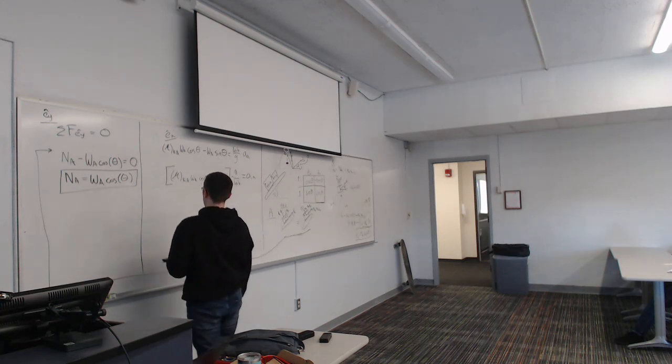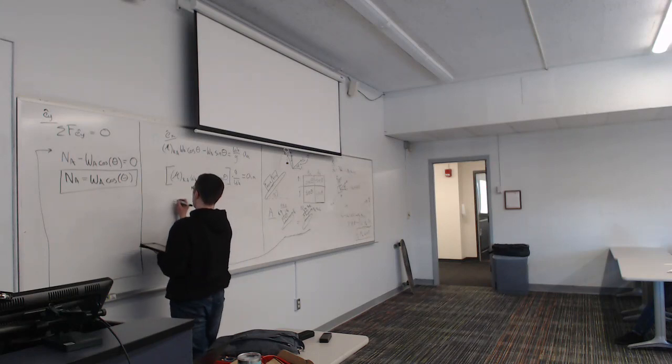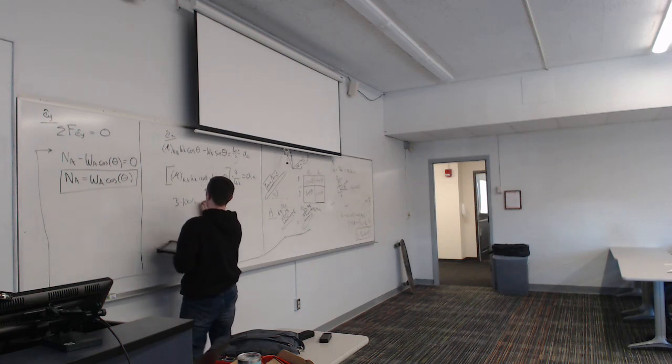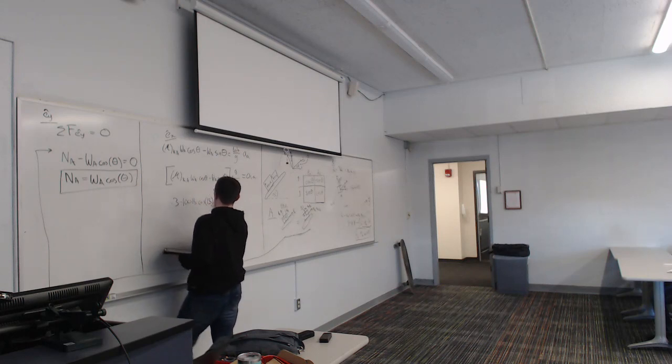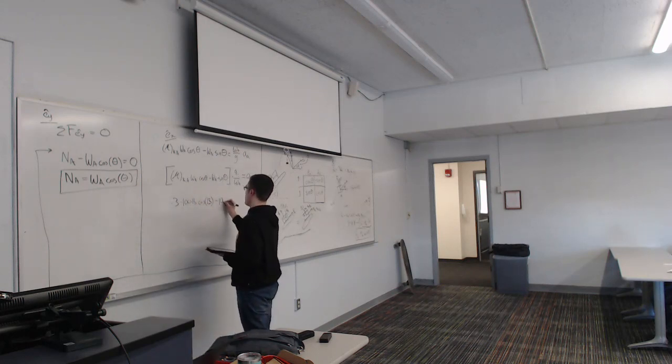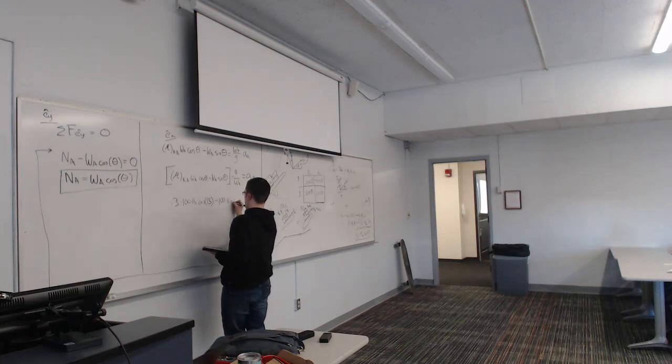So this last part is just putting in the numbers. 0.3 was given. The weight of A was given as 100 pounds. Cosine of theta, where theta was given as 15, minus 100 times the sine of theta.